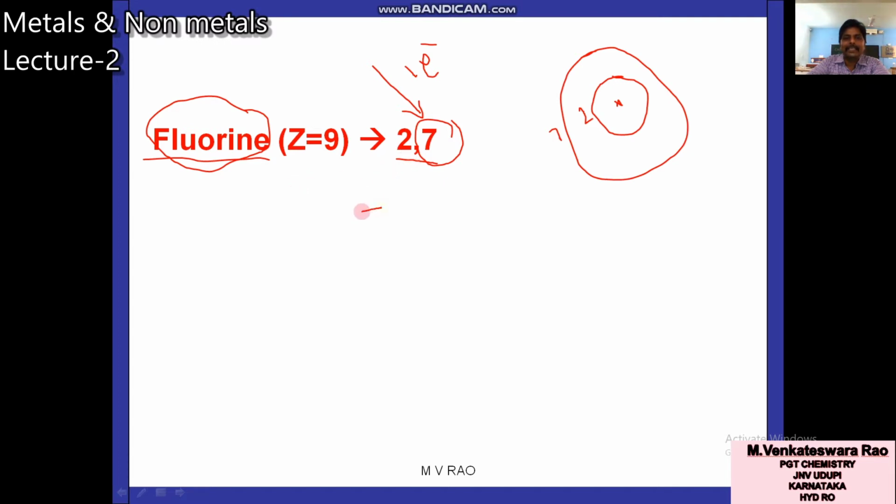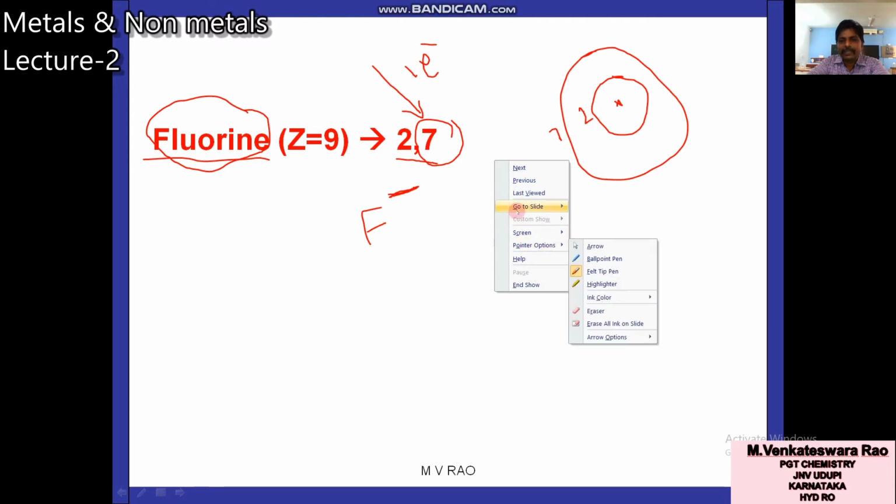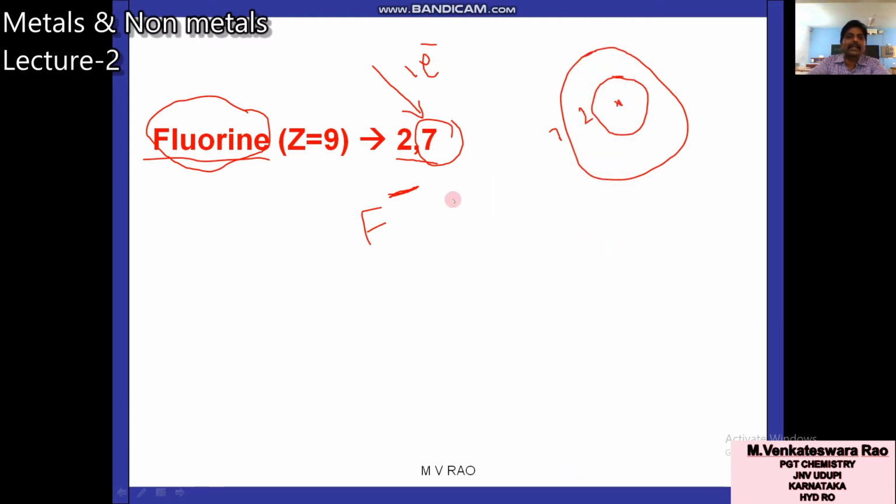After gaining this electron, fluorine will become F minus. That's why non-metals are called electronegative elements, because they acquire negative charge.